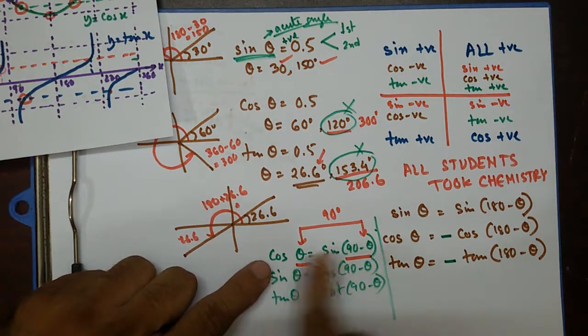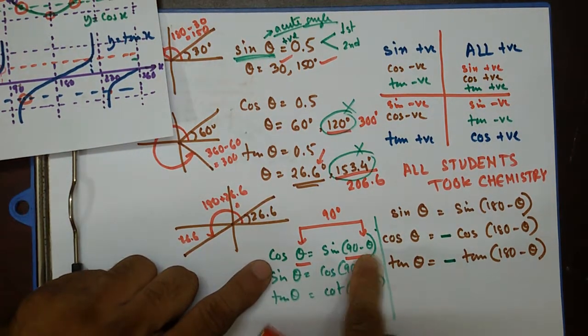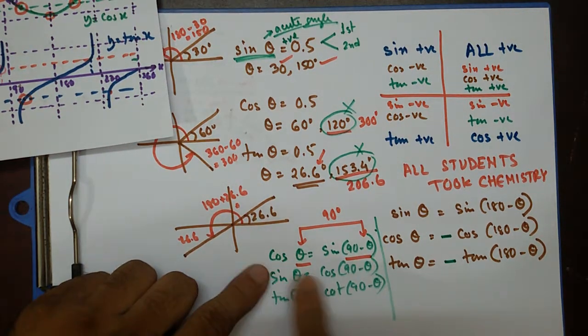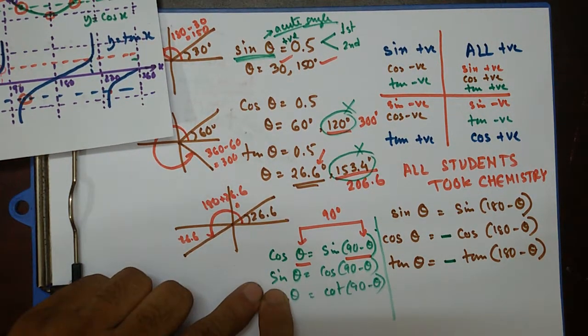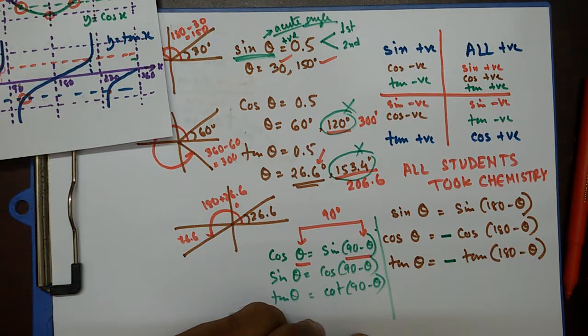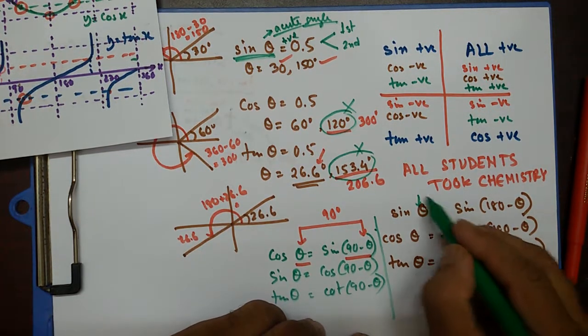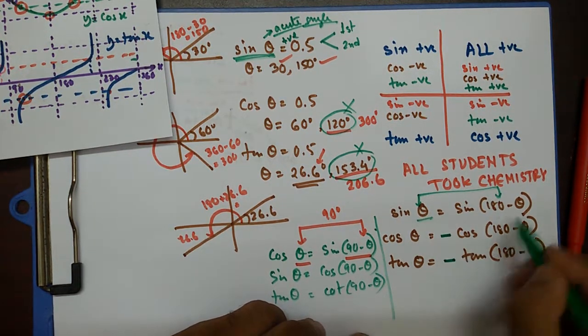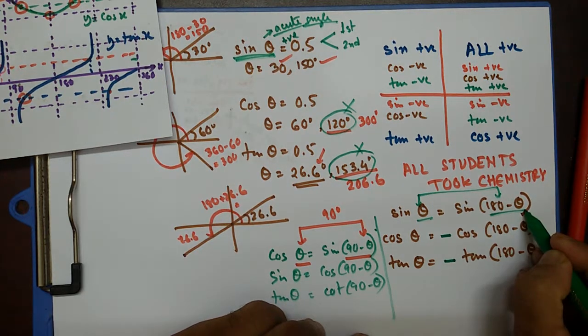So when we have complementary angles such as this, sine of the complement of theta becomes cos, cos of the complement of theta becomes sine, cot of the complement of theta becomes tan. But whenever we have supplementary angles, watch this: this theta and this 180 together are supplementary angles.